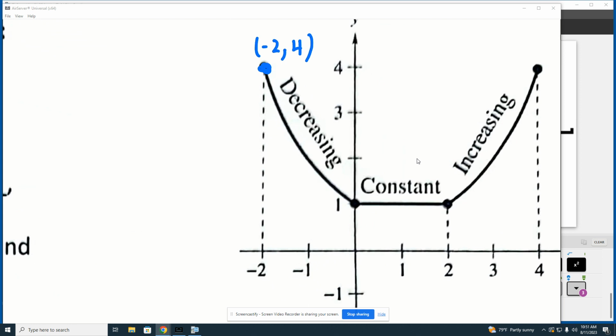The x. So when I start talking about, hey, where does this graph start decreasing? I don't say, well, it starts decreasing from -2 to 4. I say it starts decreasing from what x value? -2. Y'all understand that?